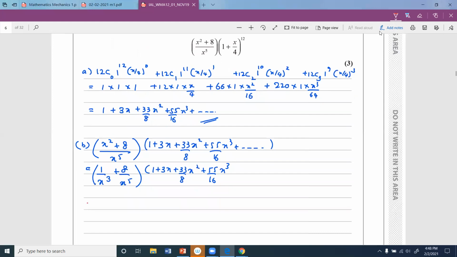The next two terms would be 12c4 and 12c5. That is, you can write 1 to the power 8, x over 4 to the power 4. This is 1 to the power 7, x over 4 to the power 5.